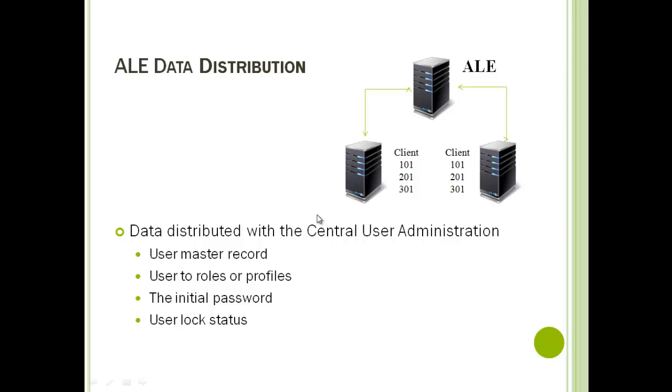Having said that, I need to make one more point very clear. Only the user assignment of roles you can do centrally. That does not mean that roles and authorization data can be centrally managed. No, the authorization data or user profile, that means the role modification, everything that we need to transport to the systems using the transport request or whatever means we select, will not be transferred using the CUA.